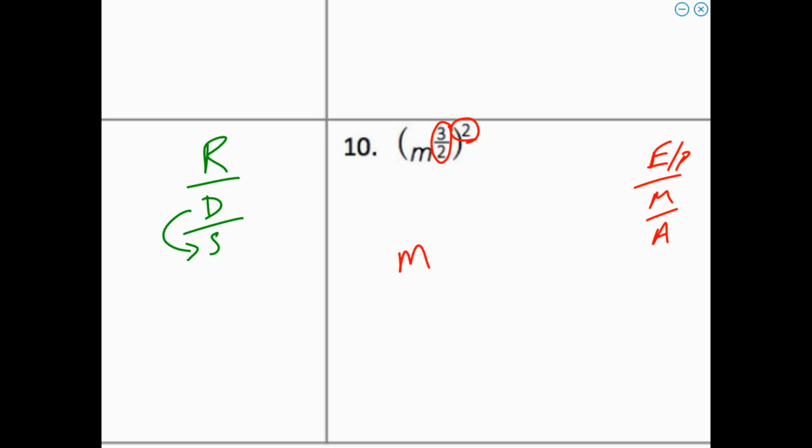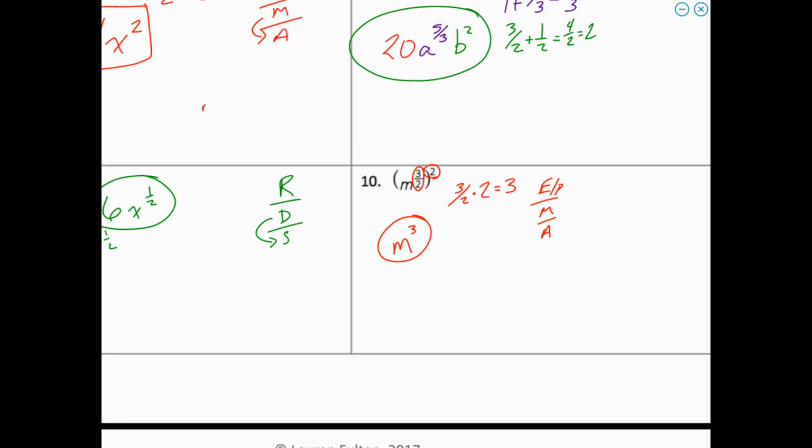Multiply them. So I'm going to have m to what power? 3/2 times 2 is 3. So that's just m to the 3rd power. Okay, so just because there are fractions in them doesn't change what you're doing. Still doing the same process.